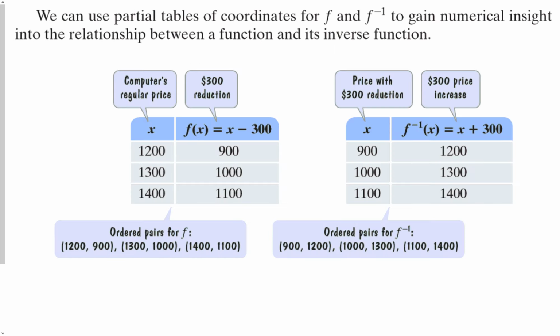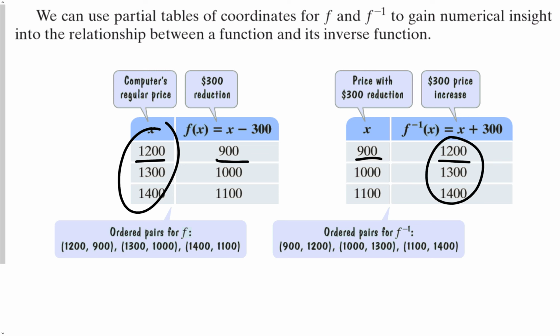Let's look at this with numbers. We can use partial tables of coordinates for f and f inverse to gain numerical insight into the relationship between a function and its inverse function. When we look at these two, we can see that inputs that go into my original function go down by 300, and inputs that go into my inverse function go up by 300. Hopefully you notice that this column is the same as this column.